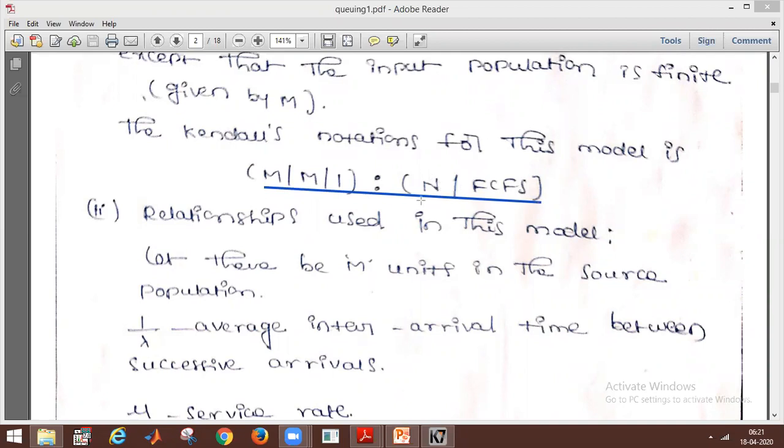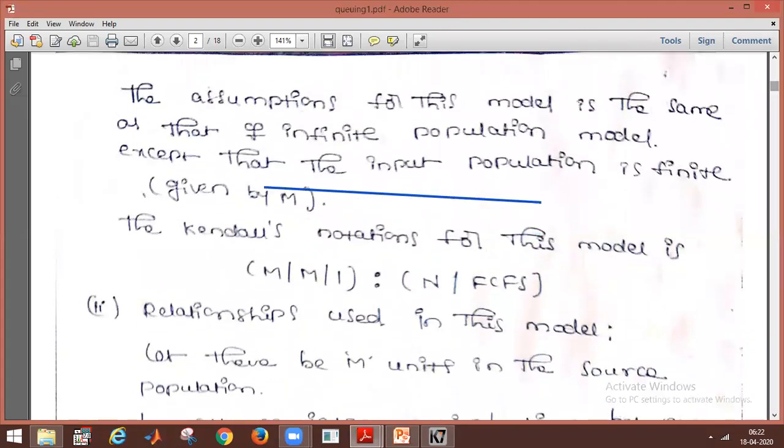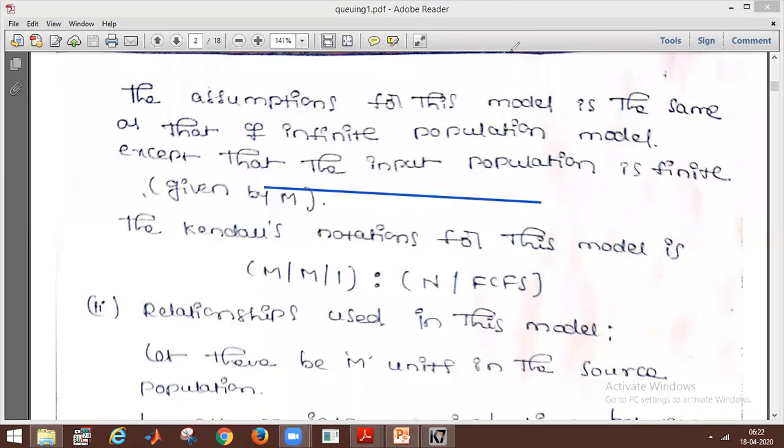N is the finite number of things, and FCFS is first come first served. M/M/1 means the first model, here with finite population. Okay, so what are the formulas included in the second model?